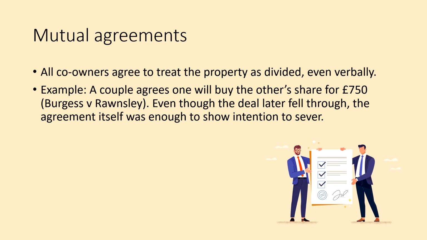But because they had a binding contract for those £750 and they'd agreed on a sale, then equity stepped in to secure the severance and say, well, you've definitely shown an intention that you wanted to divide the property up into shares, so that's exactly what we would do.